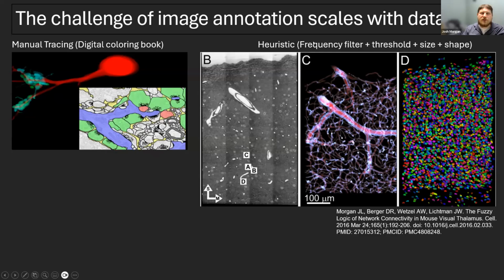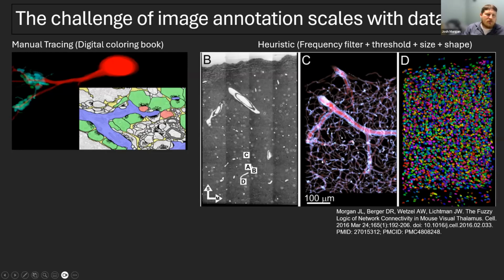So this kind of combination of frequency, threshold, size, and shape can give you the blood vessels or cell bodies. It's relatively fast. You don't have to spend a lot of time training a network. Almost anything that this heuristic method can do, a deep learning network can do. The nice thing about the heuristic approach is you actually know what it's doing, and maybe you can implement it a bit faster.